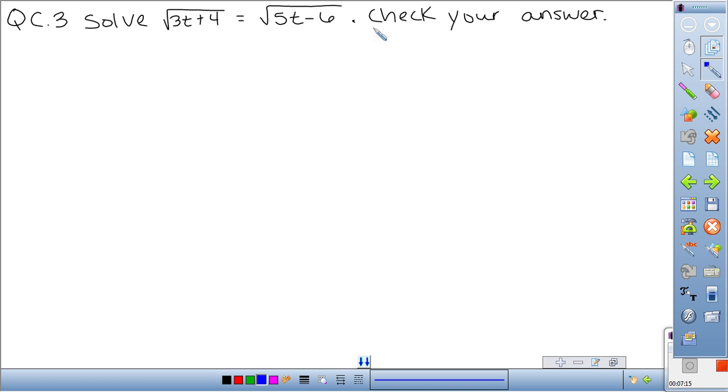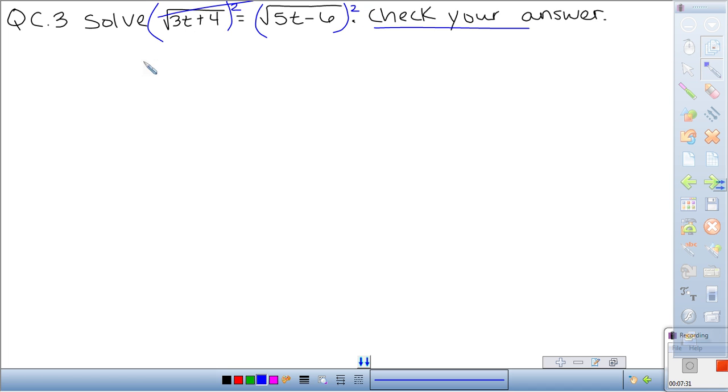So here we actually are going to have to check after we solve. So the square root of 3t plus 4 equals the square root of 5t minus 6. Since our radicals are both already isolated, we want to just go ahead and get rid of them by squaring both sides. Square rooting and squaring are opposites. They undo each other. So I have 3t plus 4 equals 5t minus 6. And then simply solve.